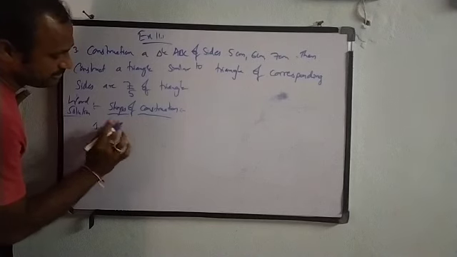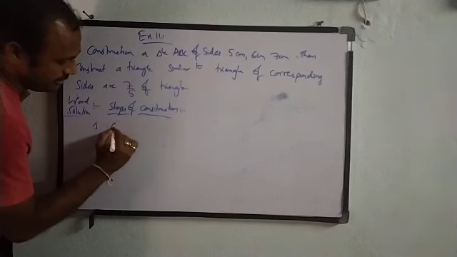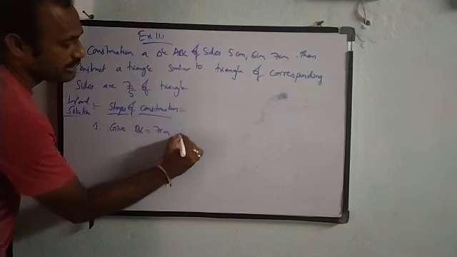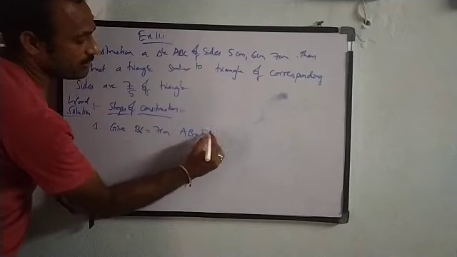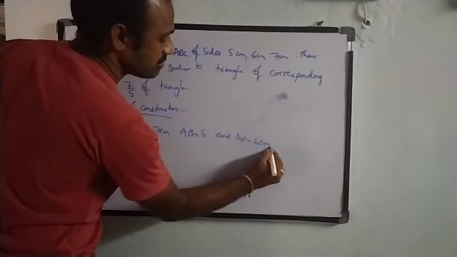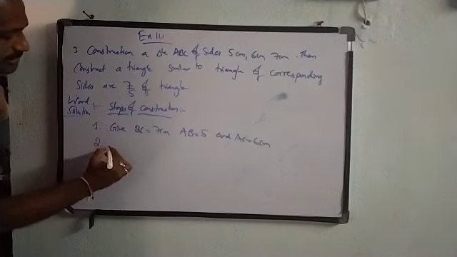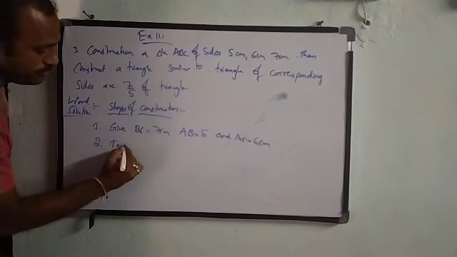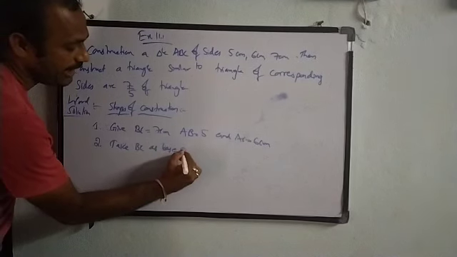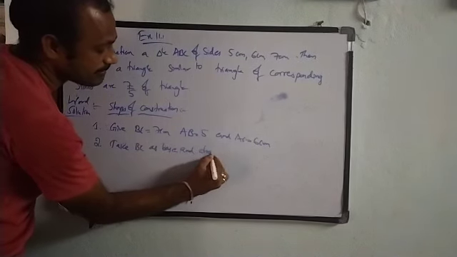Given BC is equal to 7, AB is equal to 5 and AC is equal to 6 centimeter. Take BC as base and draw 7 centimeter.